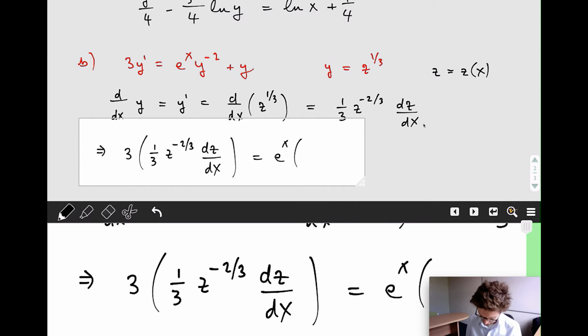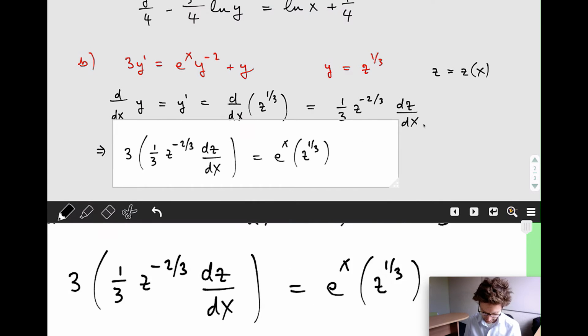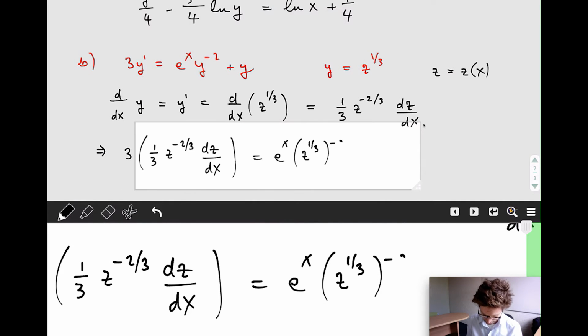Again, I'm substituting in here y equals z to the 1/3. So that was z to the 1/3.